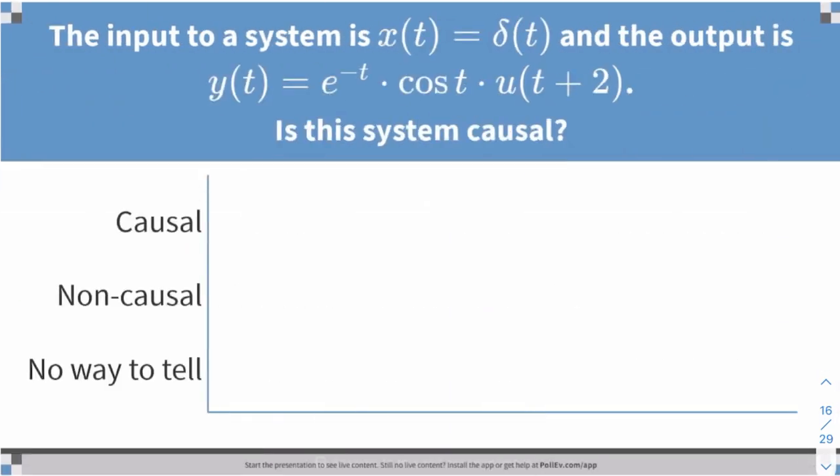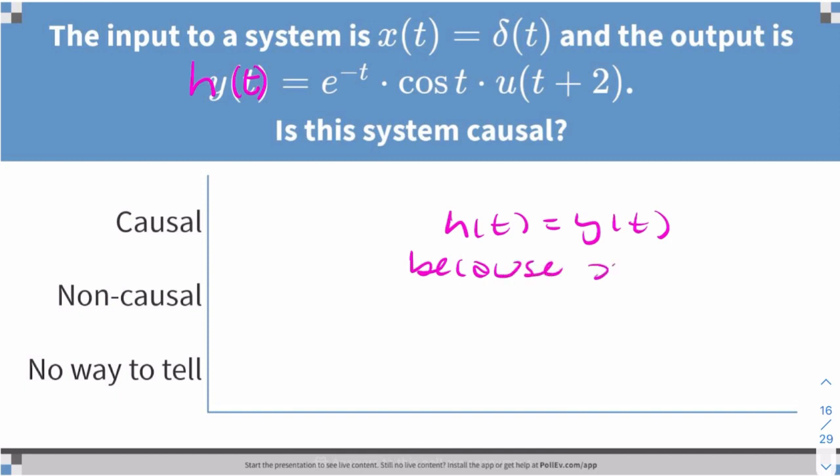Another example. This time we're actually being told that the input is an impulse, and the output is this. That's the same as telling me that the impulse response is that. So I can simply say the output is the impulse response, so h of t equals y of t, because x of t happens to be a unit impulse.